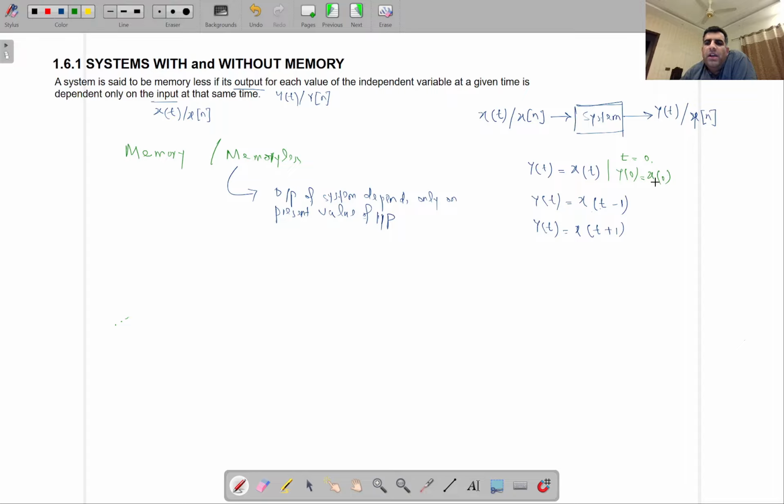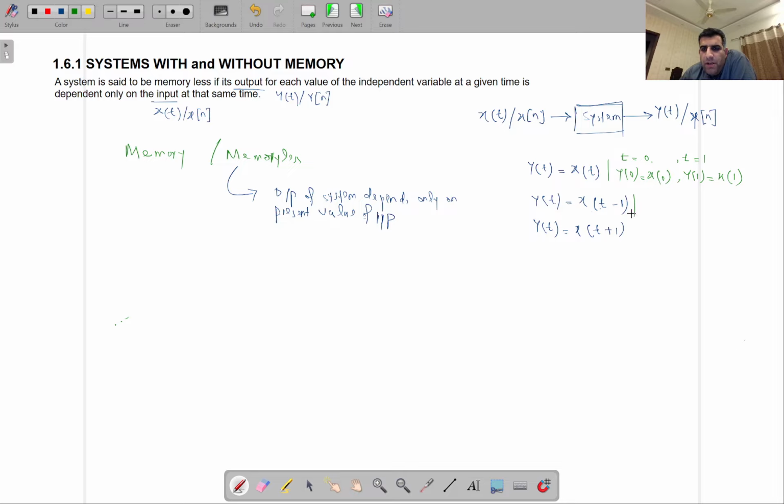Similarly, if I substitute t is equal to 1 just to test, then I get y of 1 is equal to x of 1, which means in order to find the output y at t is equal to 1, I need the value of the input x at the same t is equal to 1. So the output depends on the input at the same value of time, which is 1 in this case. Similarly, you could have tried t is equal to minus 1 as well, and you get y of minus 1 is equal to x of minus 1. This is what we mean when we say that the output depends upon the same value of the input.